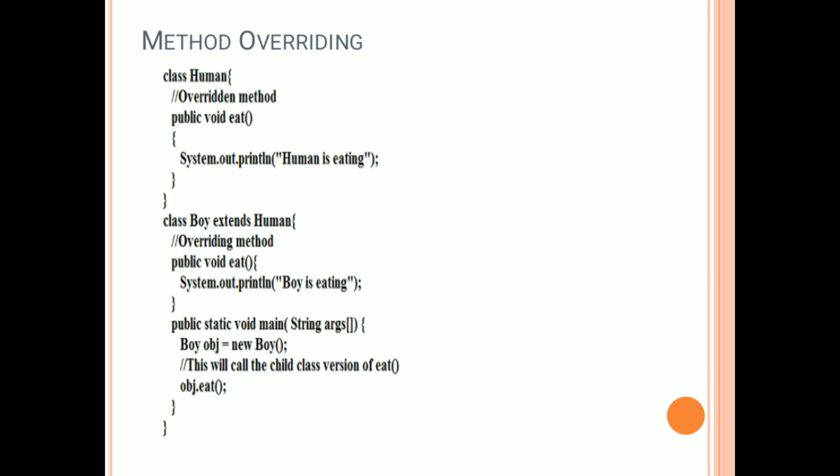Overloading is done at compile time and overriding is done at runtime. These are the main differences between method overloading and method overriding. Method overriding is only possible when we have more than one class in our program and another class is extending the existing class.